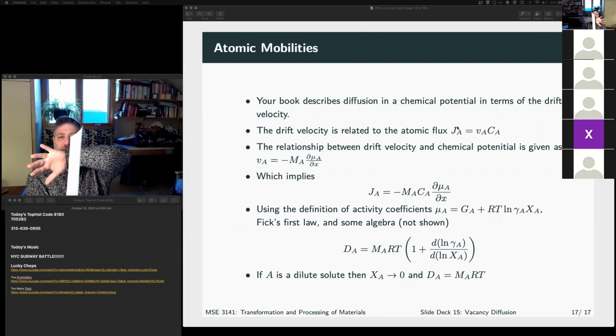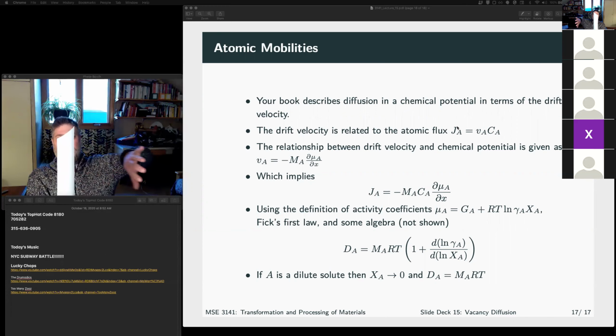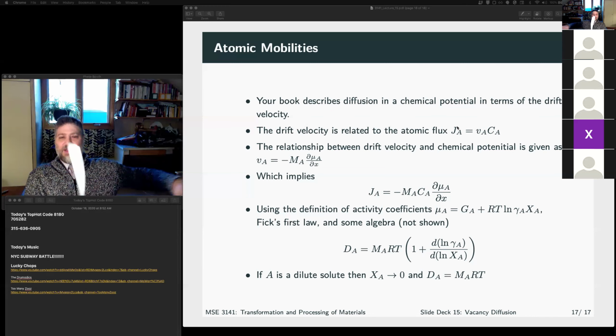My net flux can either mean I have a whole lot of A atoms and they're all moving very slowly, or I can have a smaller amount of A atoms here and they're moving very quickly, right?